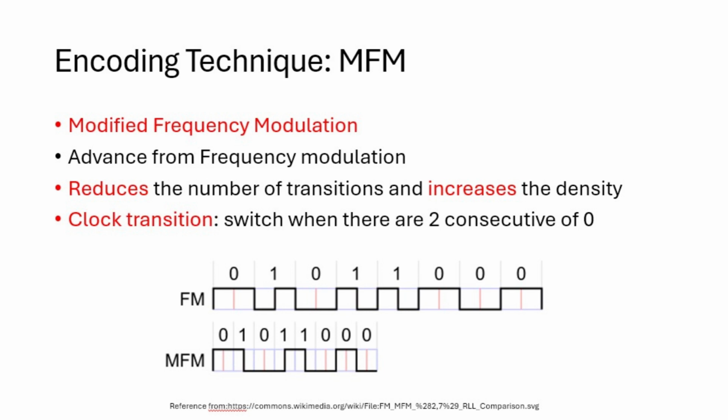The main difference between those two is that MFM reduces the number of transitions and increases the density. So we can see from the picture that the MFM clock transition won't switch all the time. It only switches when there are two consecutive 0s.